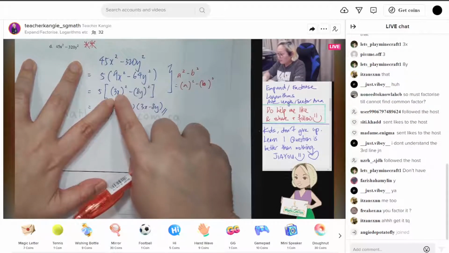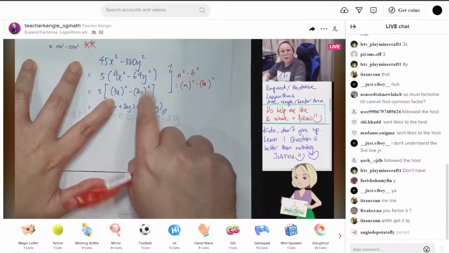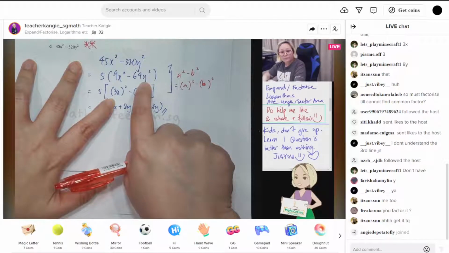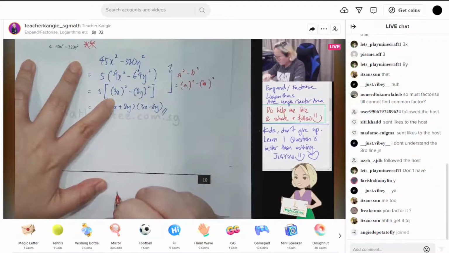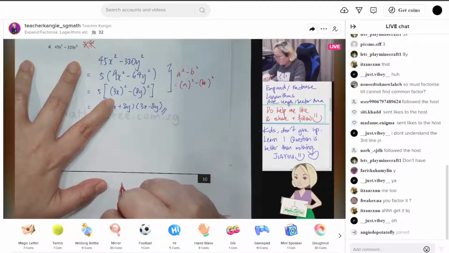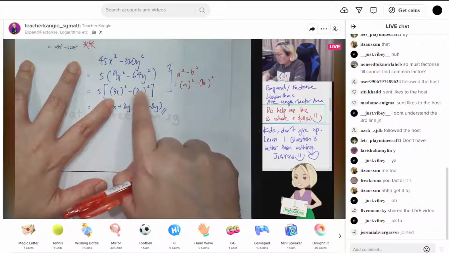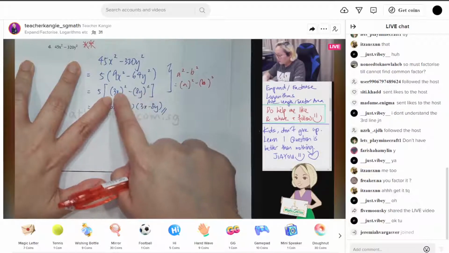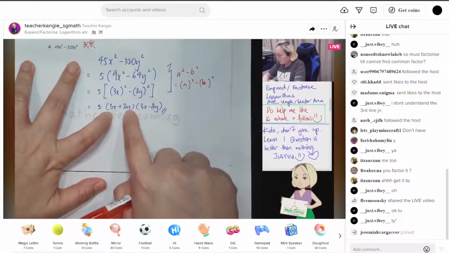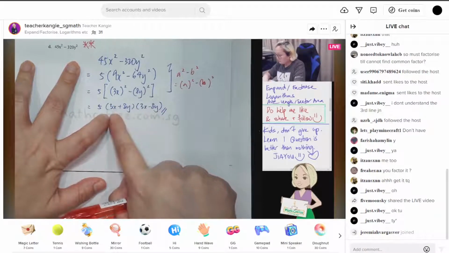You know that 3x times 3x gives you 9x squared, 8y times 8y gives you 64y squared. And that's why I know that it is A plus B, A minus B. My A is 3x, my B is 8y. See? Can?